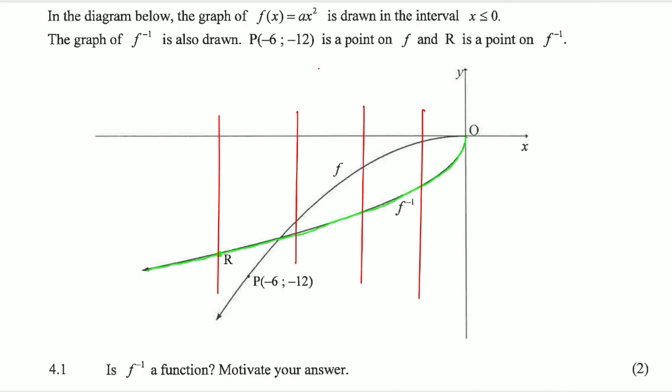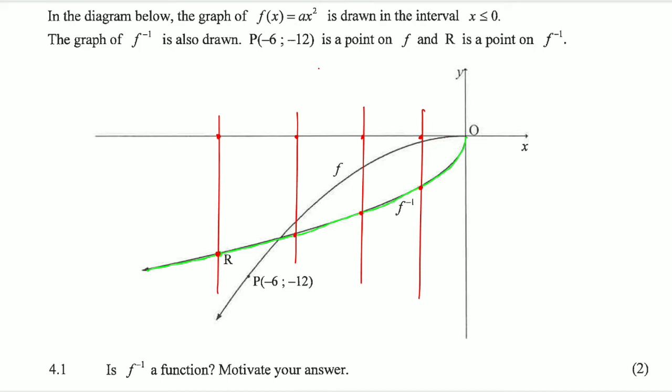Now, since the vertical lines pass through this graph only once, f inverse is a function. If we look at each x value, we see that there's one corresponding y value. And here again, one y value, and the last line we've drawn, one y value over here.